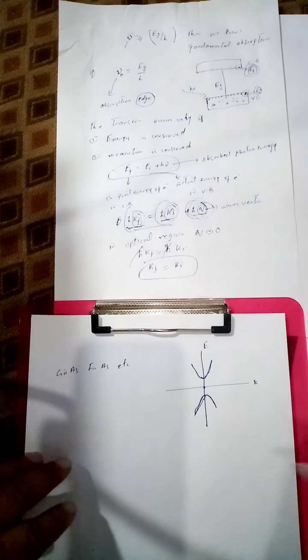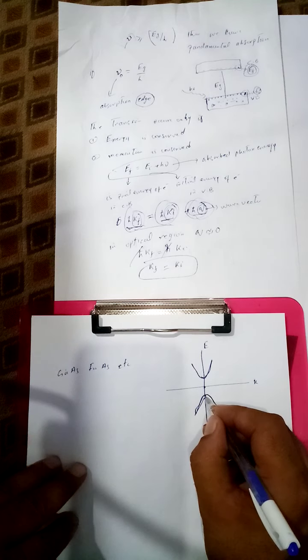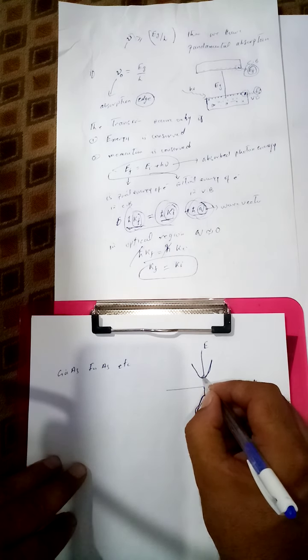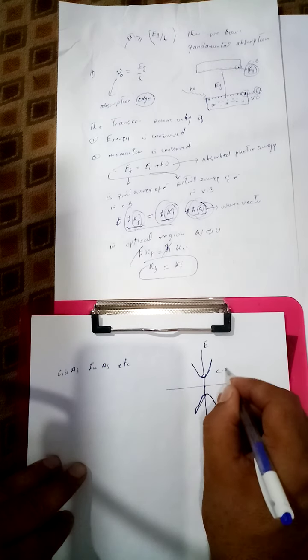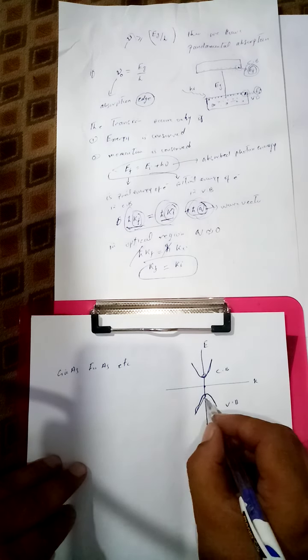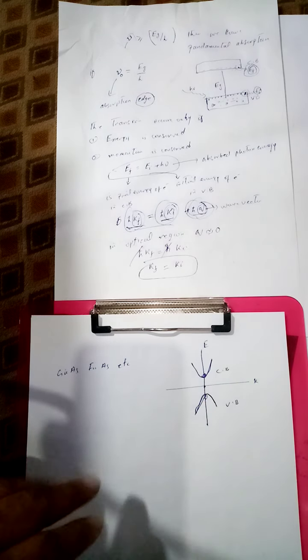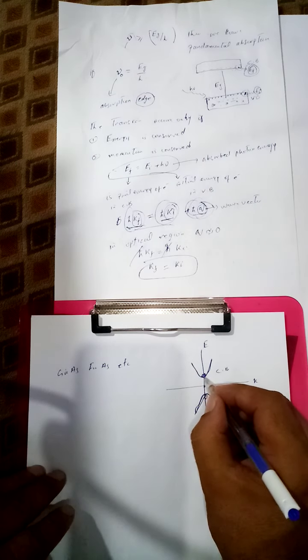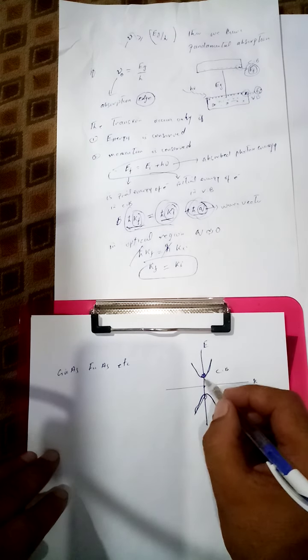Since electrons jump from the top of the valence band to the bottom of the conduction band, this is the valence band, this is the conduction band. Electrons jump from the top, leave a hole here, and jump to the conduction band. We have electrons here, but these electrons in the conduction band can't stay for a long time.